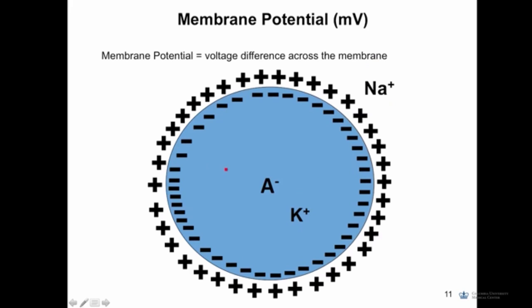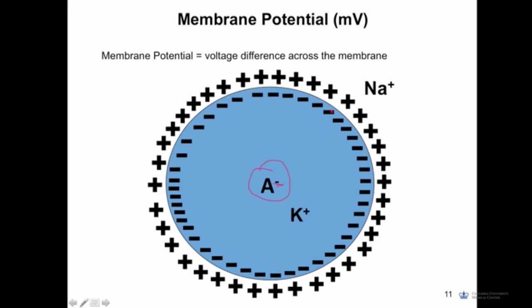But additionally, there's also a much greater concentration of amino acids and protein, represented here in this slide by a capital A. Okay, and amino acids and protein that are trapped in the cell that can't get out of the cell have an overwhelmingly negative charge to them.